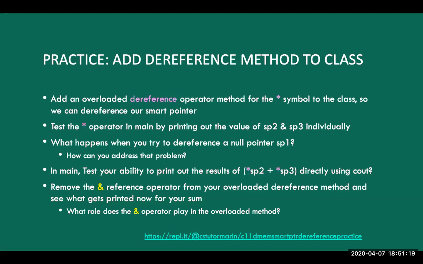Now that third bullet there leads to an interesting question. There is a small conundrum of what you do when somebody asks you to dereference a null pointer. We're supposed to return an integer, but we can't, right? If somebody gives us a null pointer, but the method requires that we return an integer, what do we do?